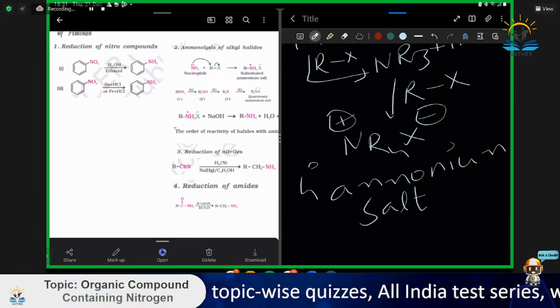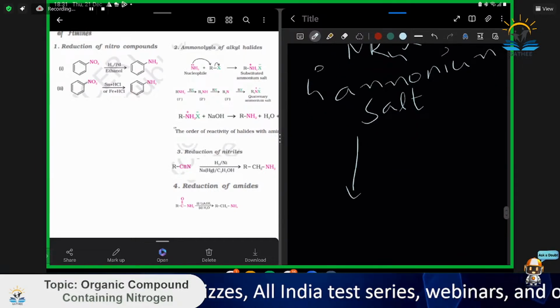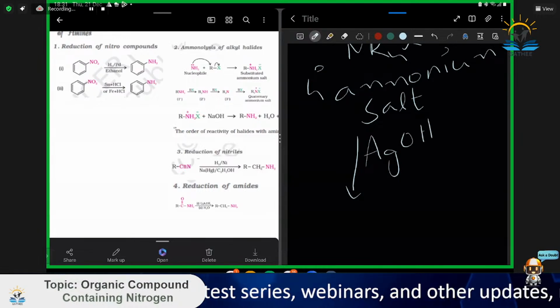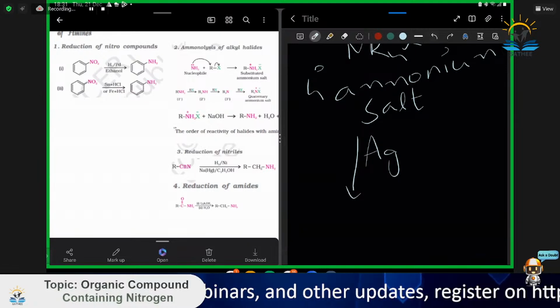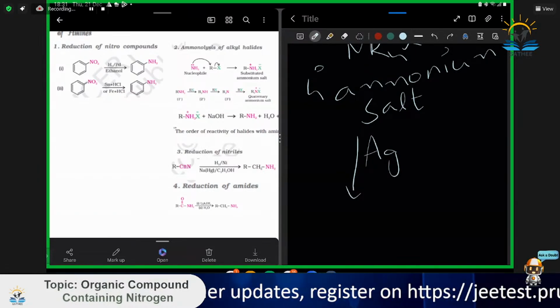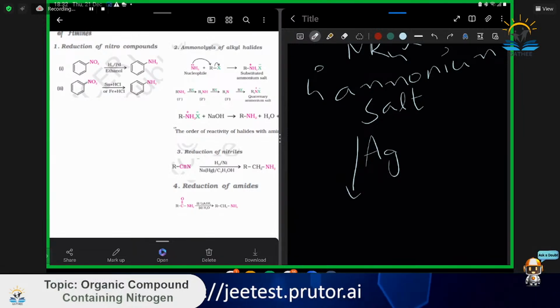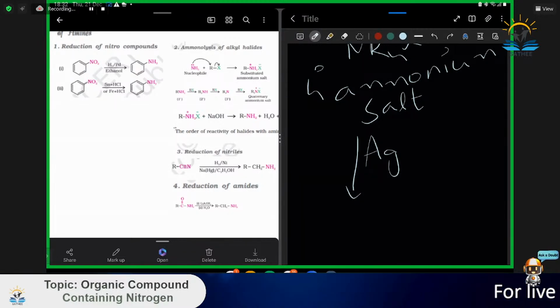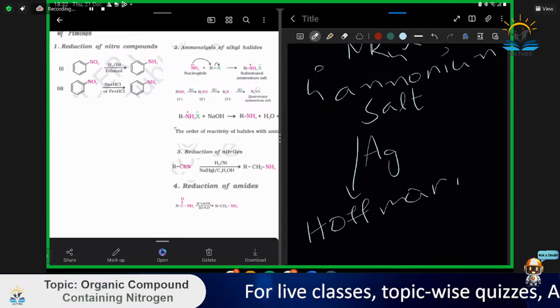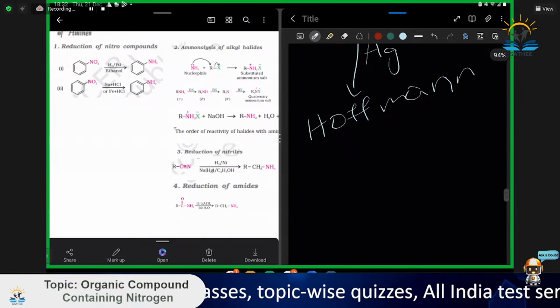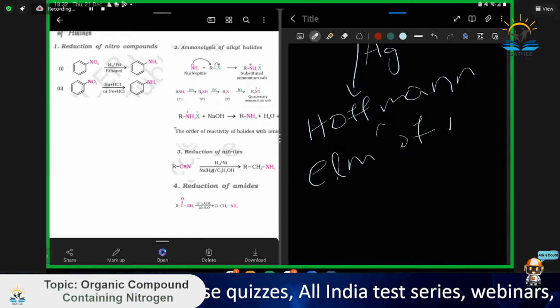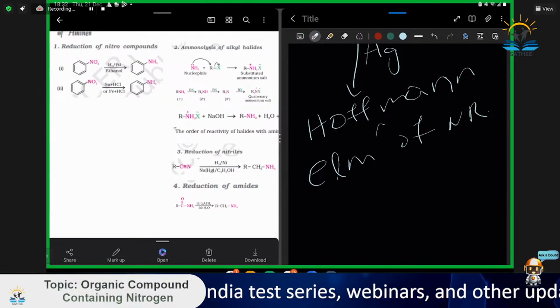Why is this important? If you treat this with AgOH or something, Ag, if I remember it right, then you will get the quaternary ammonium hydroxide, and a Hoffmann elimination happens, where NR3, the nitrogen, leaves.